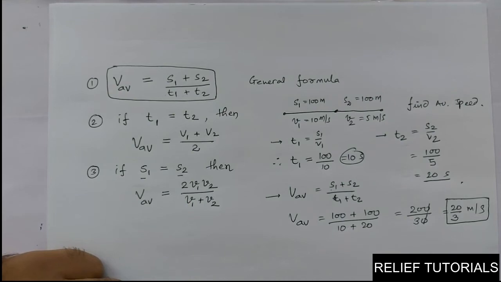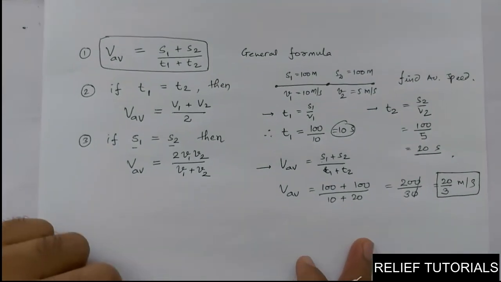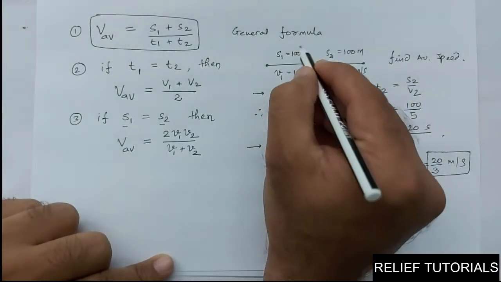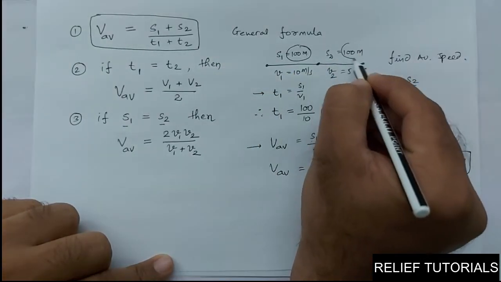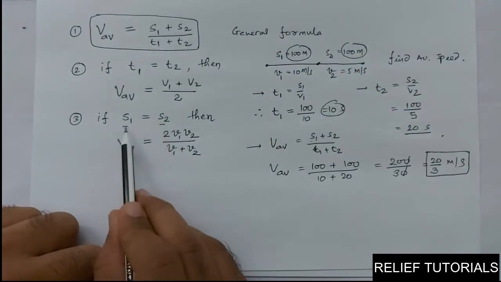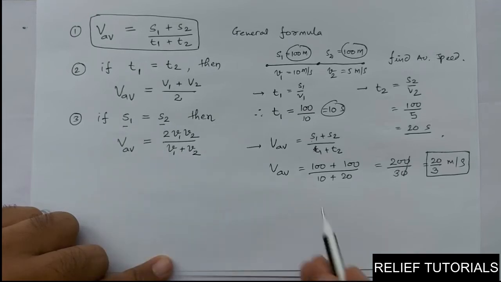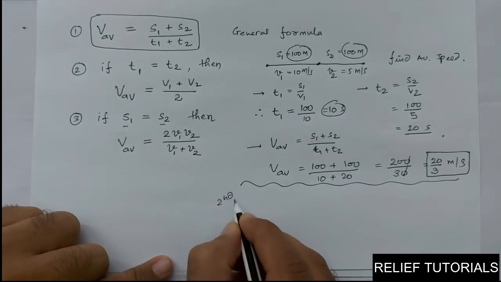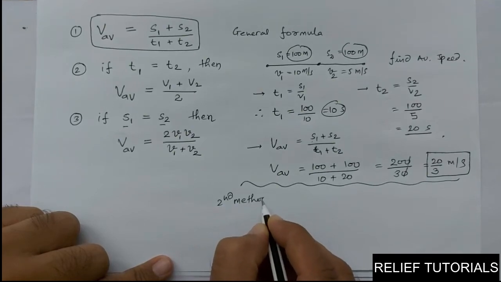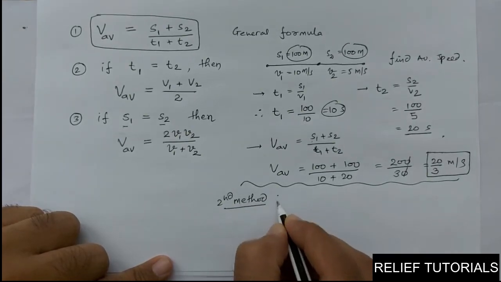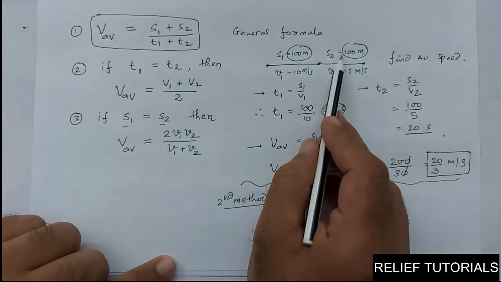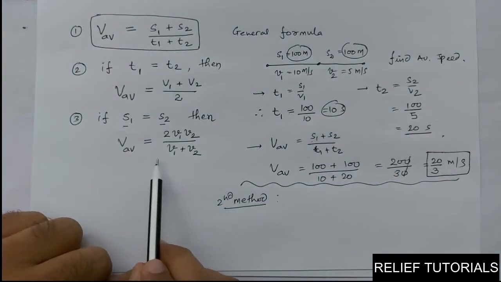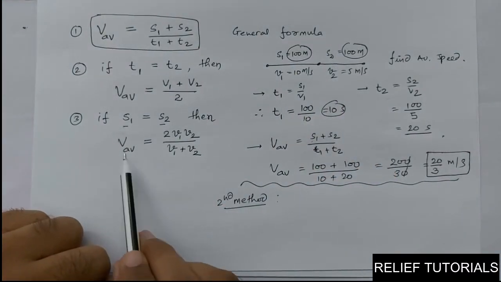Sum is over. But now let us use a shortcut way. If you note here that S1 is 100 and S2 is also 100. So here S1 is equals to S2. Second method to do this sum: once we found that S1 is equals to S2, we can use this formula, which is what?